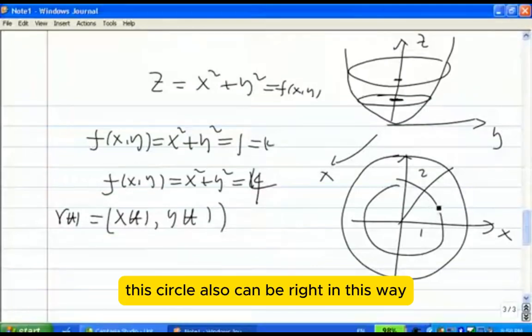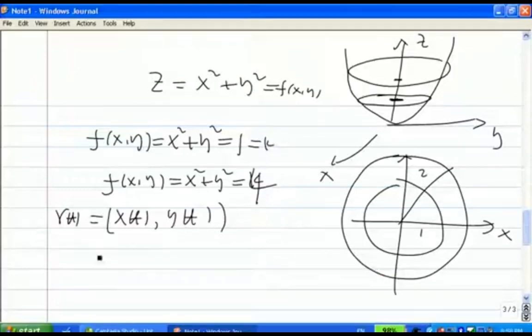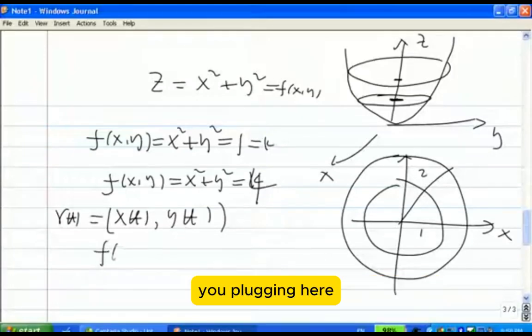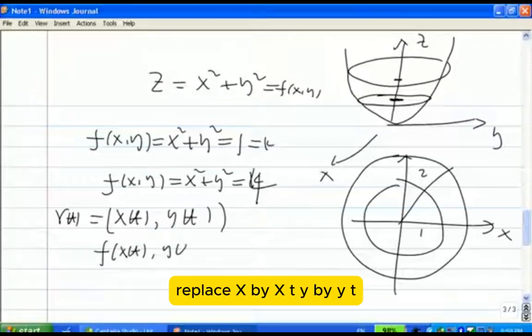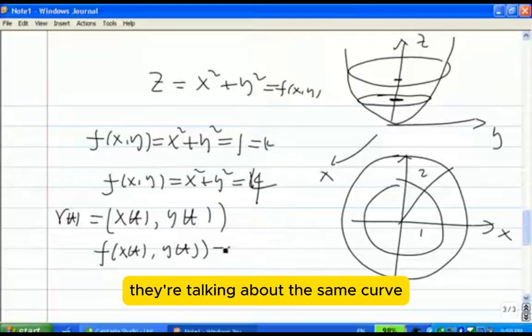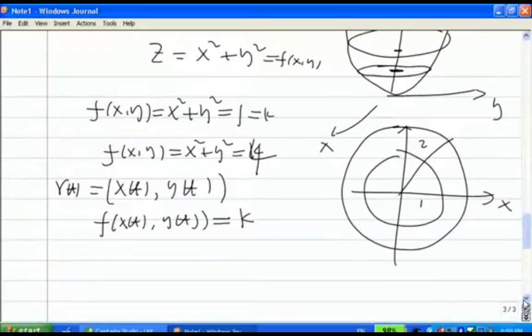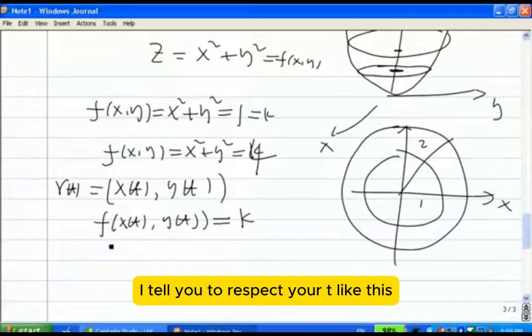This circle also can be written this way. Since they're talking about the same curve, you plug in here. Replace x by x(t), y by y(t). They're talking about the same curve, therefore this equation should be satisfied. Now, use the chain rule. I take the derivative with respect to t, like this.